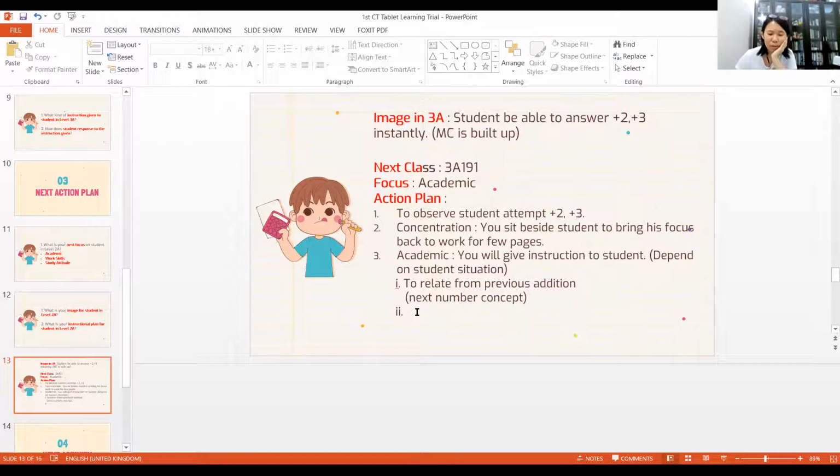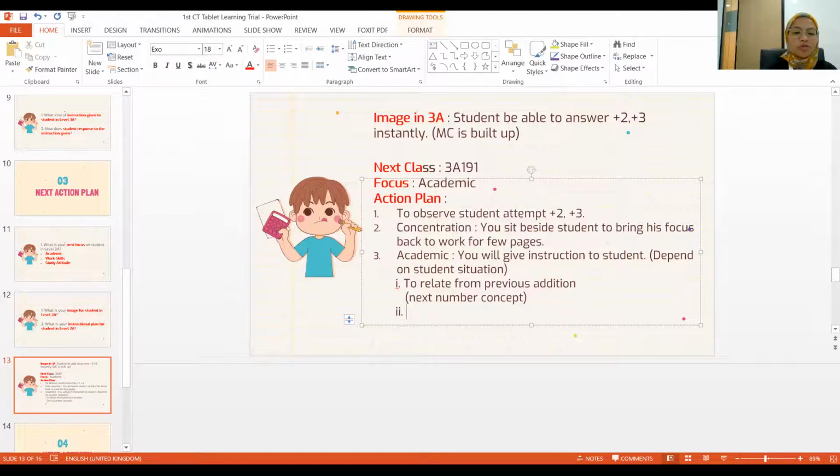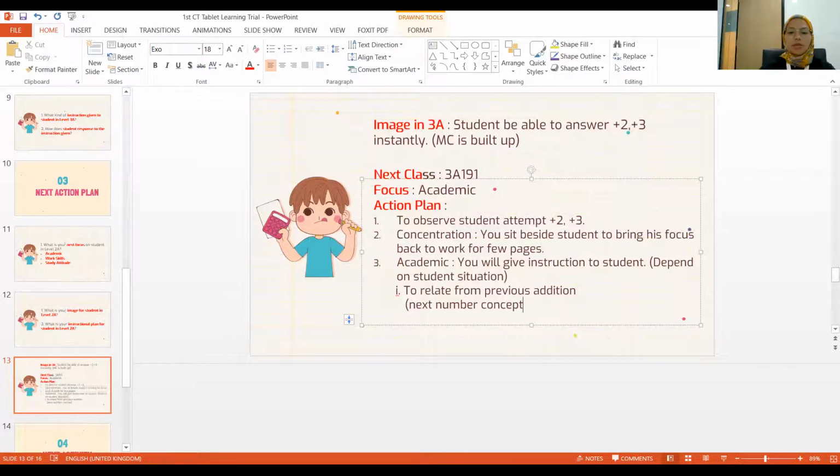And the example, maybe a sample of the answer. You want me to write it down, or you want to focus on the first one only? Yeah, first one. Okay, it's okay. So these are the plan.